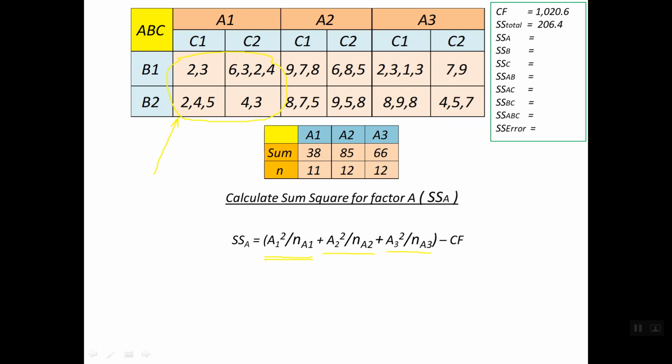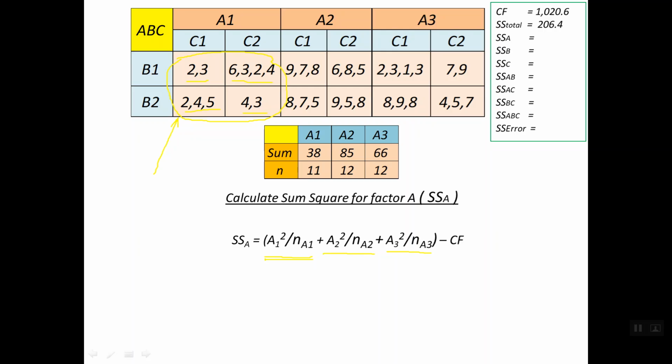If you calculate the summation of these observations, you will get 38. And if you count the number of observations, you will find it to be 11. For example, here we have 2 observations, here we have 4 observations, here we have 2 observations, and finally here we have 3 observations. So the total number of observations is equal to 11.